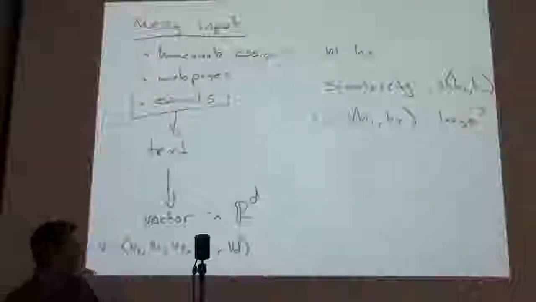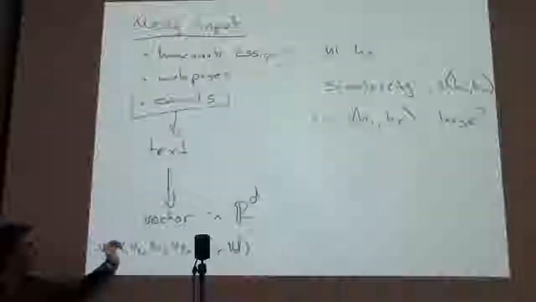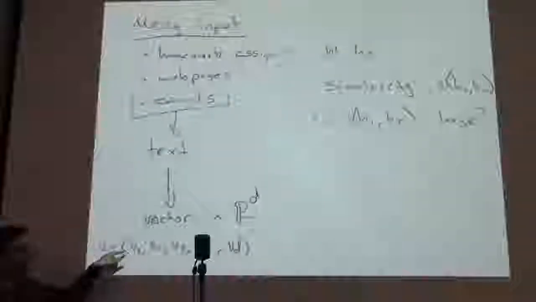A vector would be v1, v2, v3, up to vd. So I'm going to have d scalar values. When it's comma separated with parentheses, this means it's a vector, and I'll say that this vector lies in R^d.